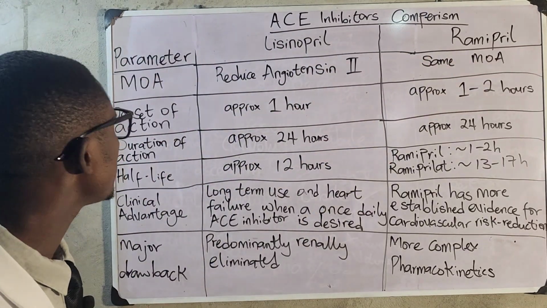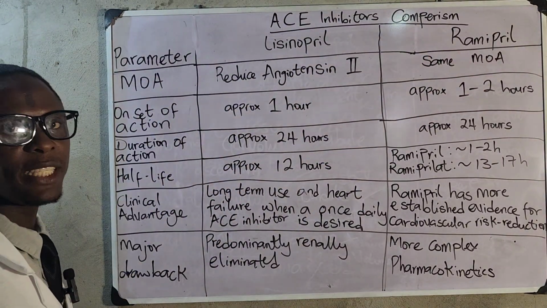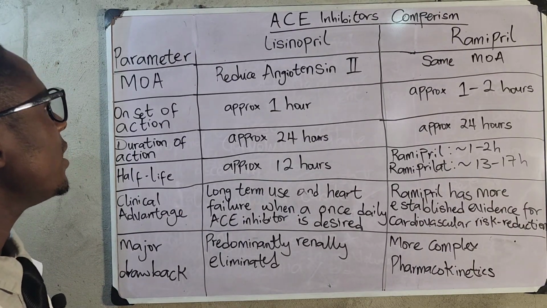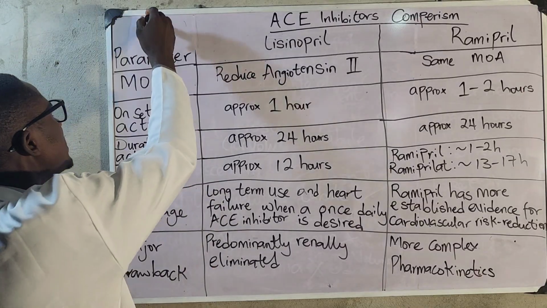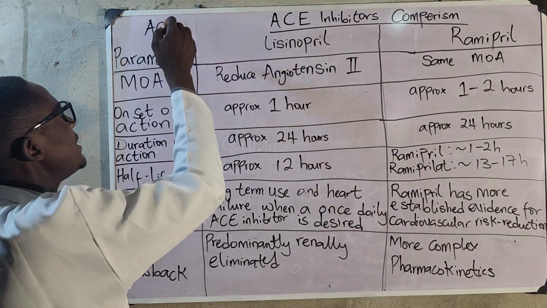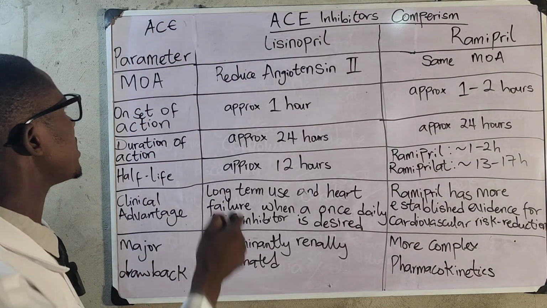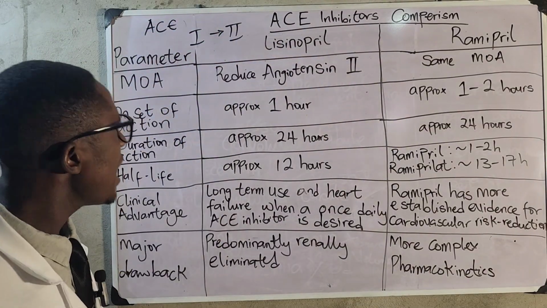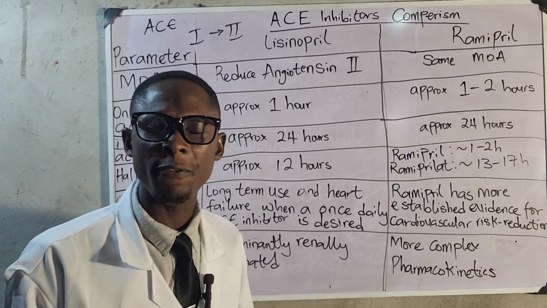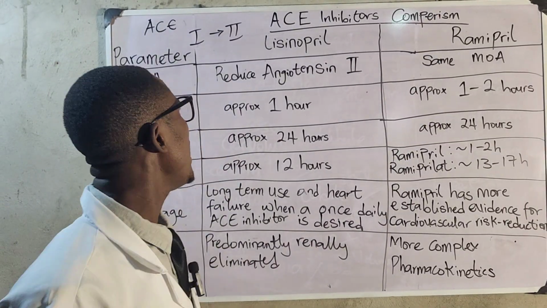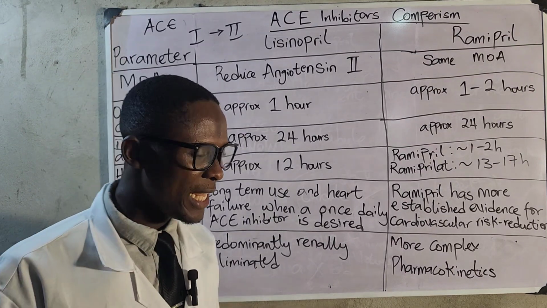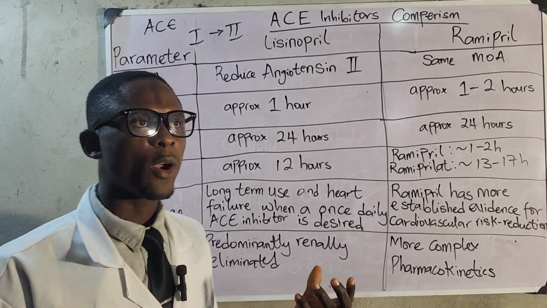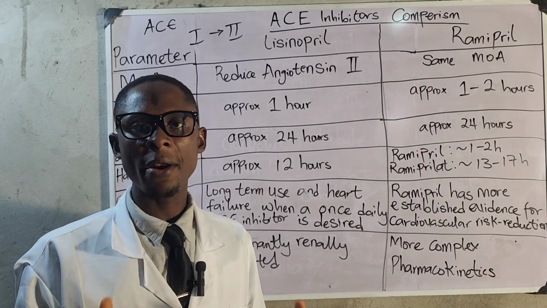Now, let's talk about their mechanism of action. We know that the angiotensin converting enzyme, which is ACE, is the enzyme that converts angiotensin 1 into angiotensin 2. Angiotensin 2 is a potent vasoconstrictor and it also causes the release of aldosterone. And aldosterone causes sodium and water retention.